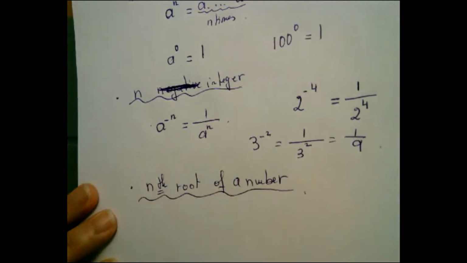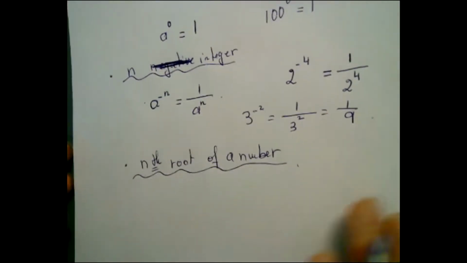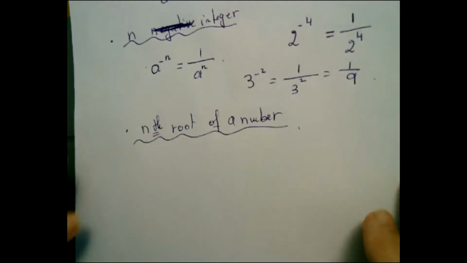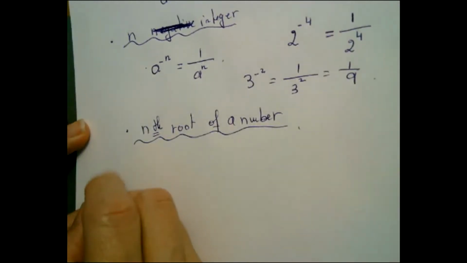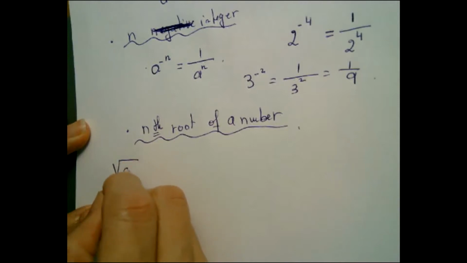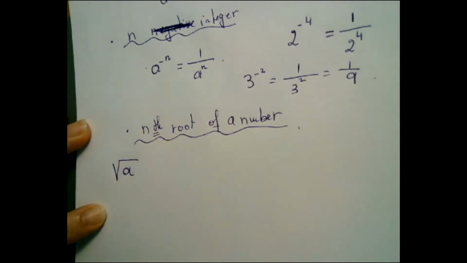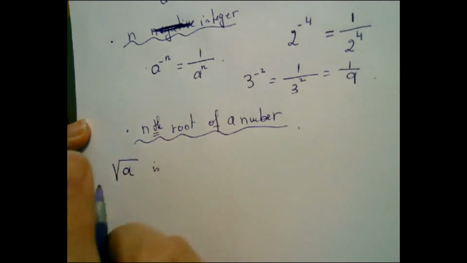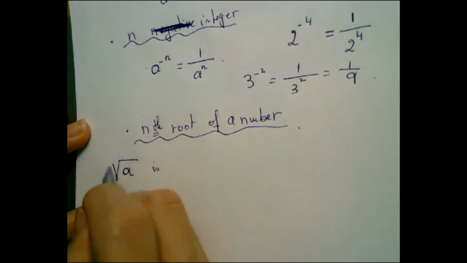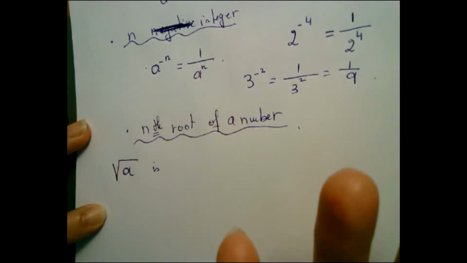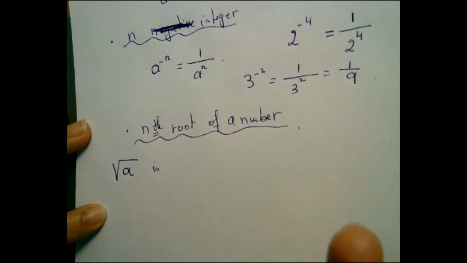Nth root. Okay. First, of course, I start with the one very simple one. If you have a number a, the square root of a, we know what it is. The square root is basically a symbol. But a symbol for what?